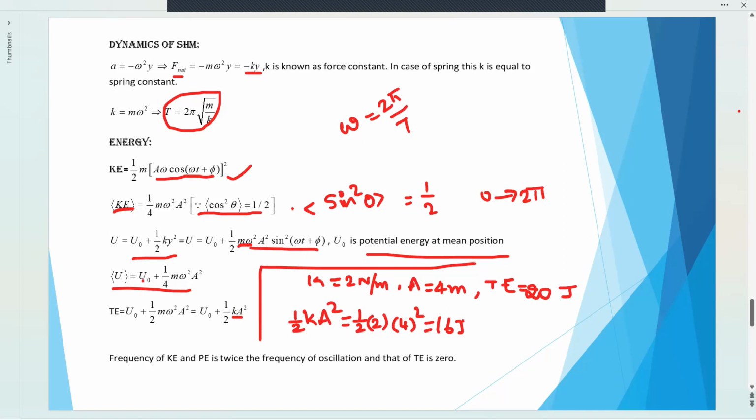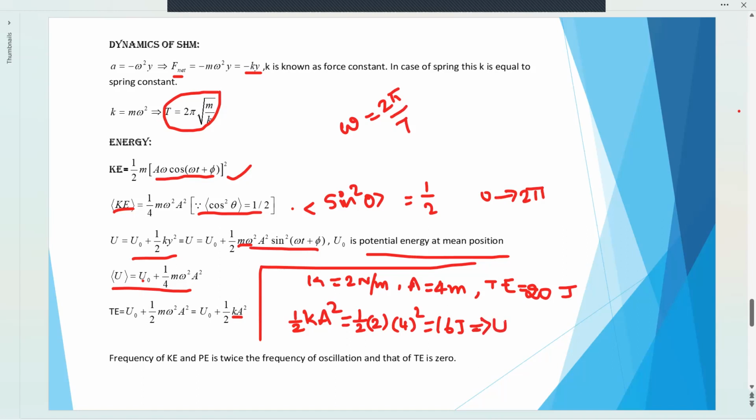So from this, what can we say? Given total energy 20, and we know k value and a value are given, half k a square value is 16. That means the minimum potential energy is equal to 4 joule.